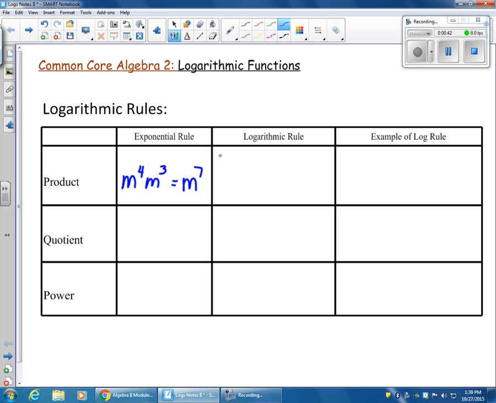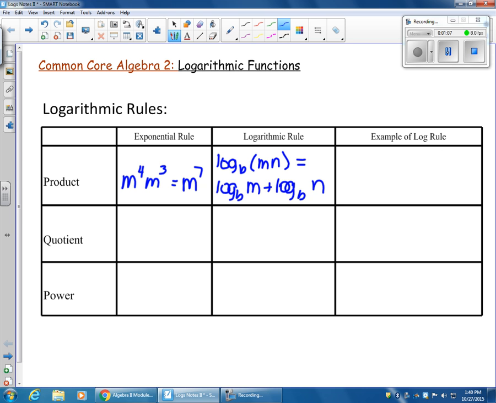If we have log of some base b, and we have m times n, then we can separate it and say that's log base b of m plus log base b of n. So just like exponential rule, multiplication is addition, and multiplication is addition.